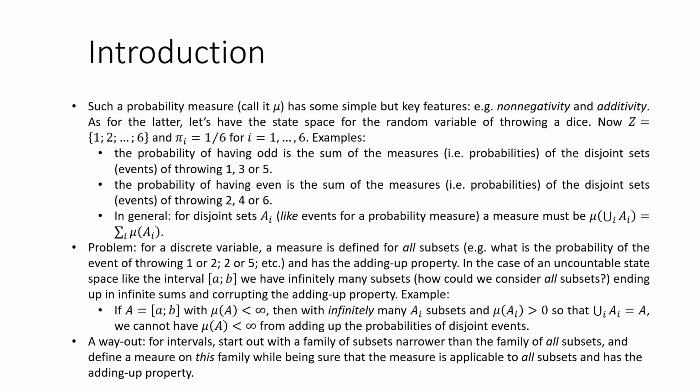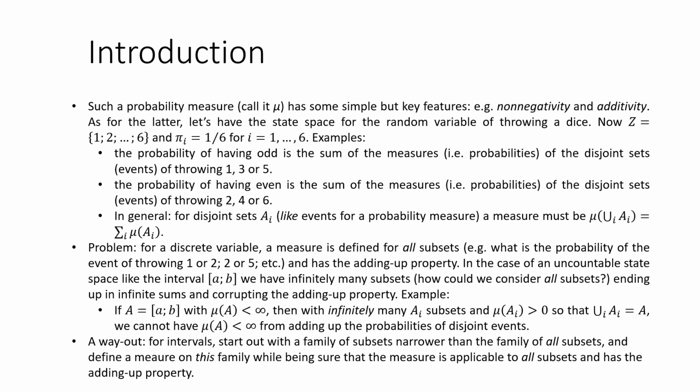The latter is 0.5. In this case, when the random variable is discrete, the measure, this probability measure, naturally has the adding up property.